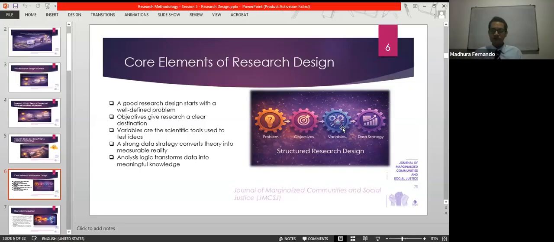The third element is the variables. Now you have found out your objectives and research questions and research problems. Now you have built up your fundamentals. You have built up your conceptual framework. Now in that conceptual framework, you have different variables, because you have the necessary evidence to support your variables.